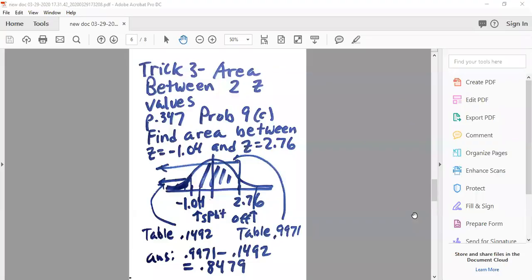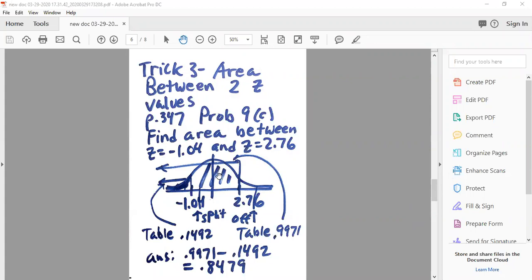Did I say 1942? I meant 1492. My apologies. All right, when you split off the 6 and look up row 2.7 in the 06 column, you should see 0.9971. Both of these are, I'm trying to show this, 0.1492 left of negative 1.04 and 0.9971 left of 2.76.